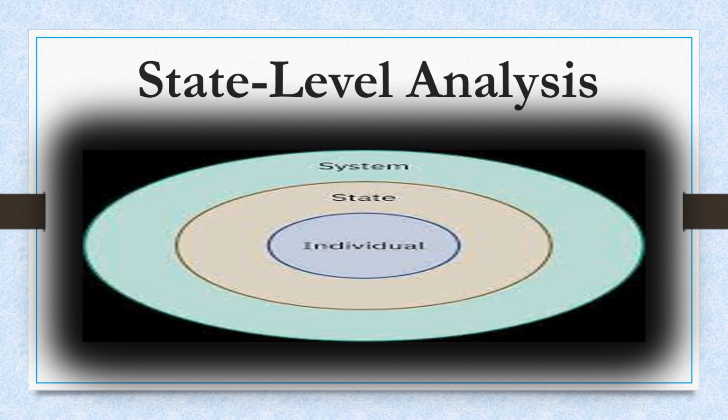At the state level analysis, the causes of war are located in the following situations. Supremacy of national interest has been considered as a central driving force at this level. National interest would operate at two levels.